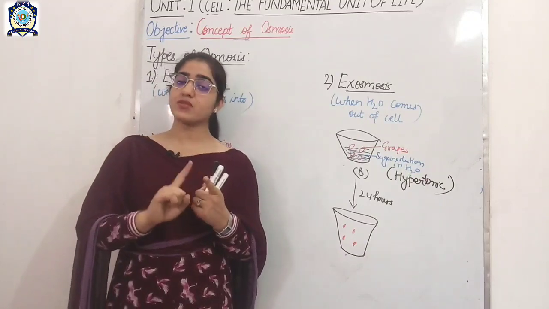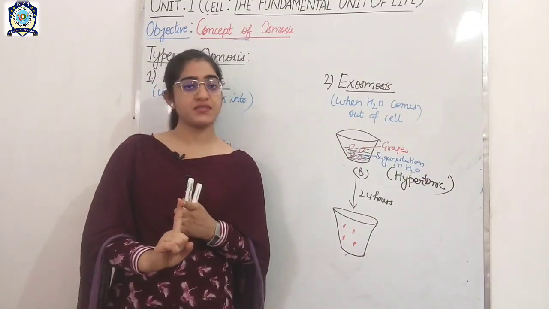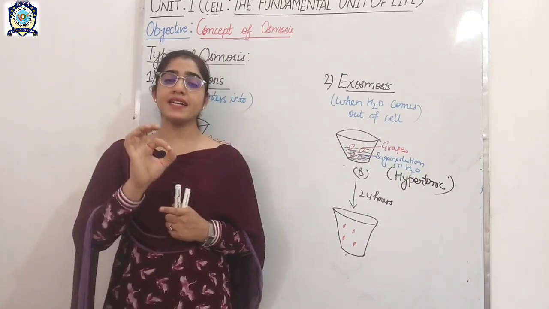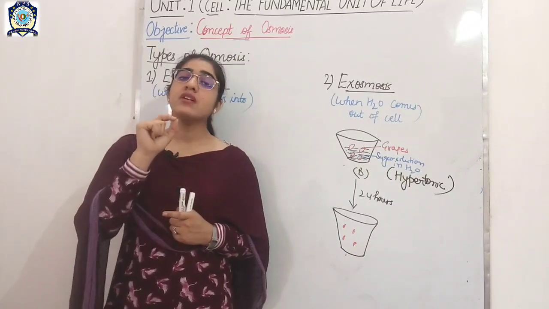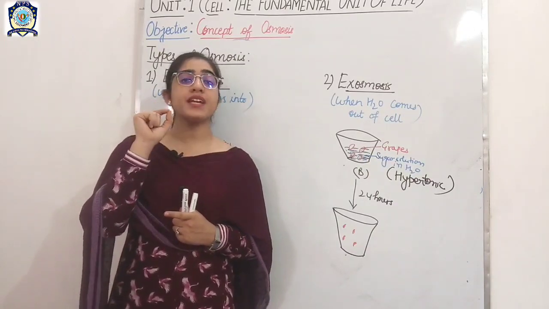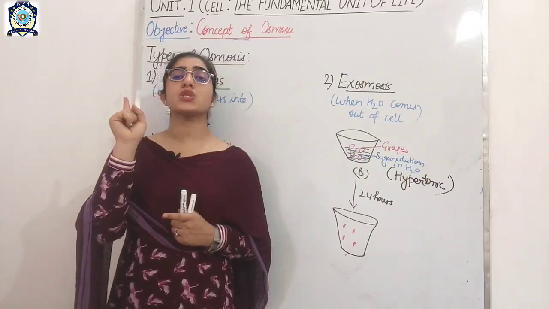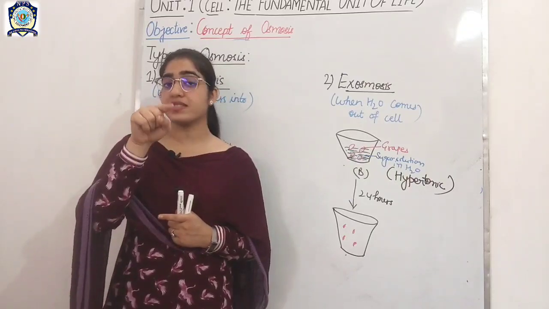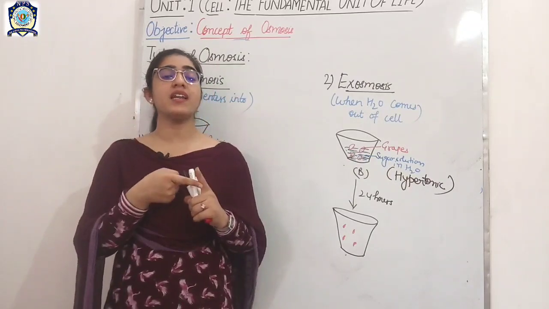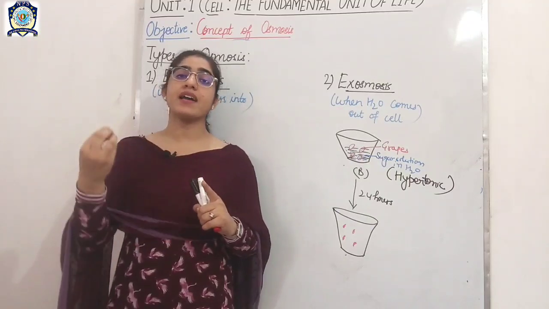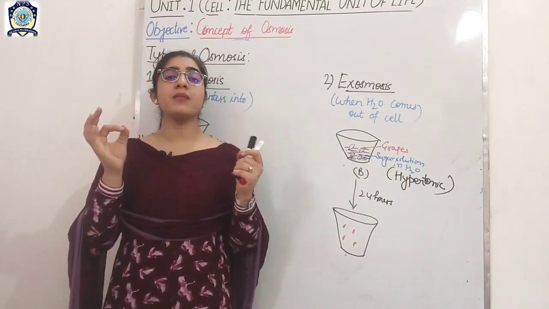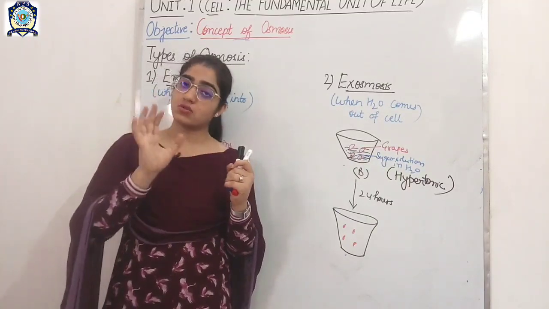So firstly, absorption of water by the roots is the first importance. Second, the transfer of important nutrients from one part of the plant to another, like the minerals present in the soil, which are carried by the roots with the help of osmosis.